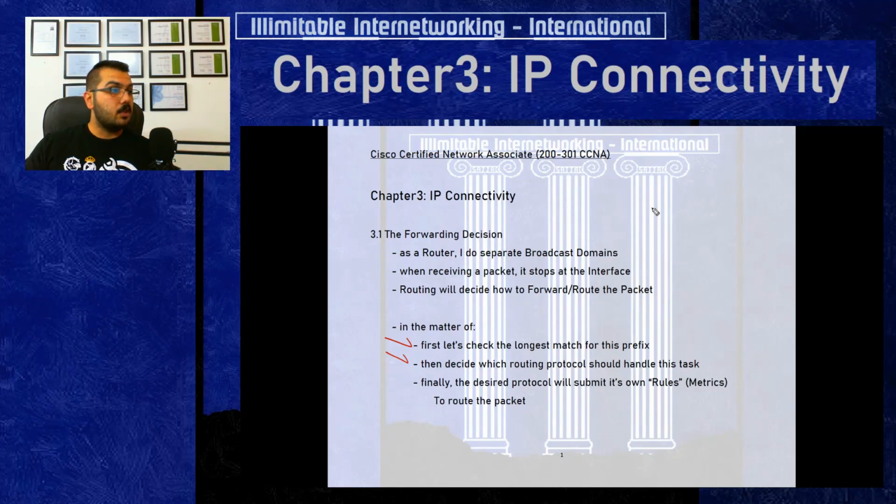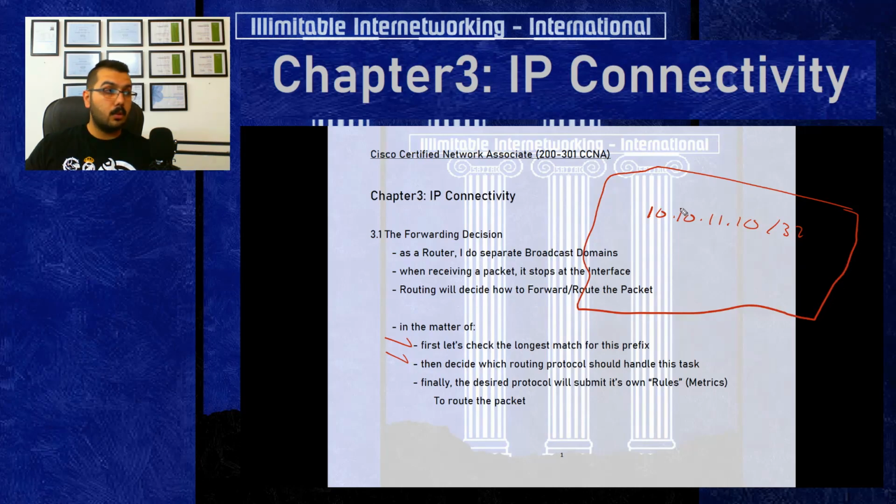Maybe you have mentioned 10.10.11.10/32 in the routing table twice or 3 times. Maybe you have mentioned this host to be routed using OSPF or static or EIGRP or RIP, maybe all of them. You have routed this destination manually by yourself, but you have repeated the command 4 times, each time with a different routing protocol.